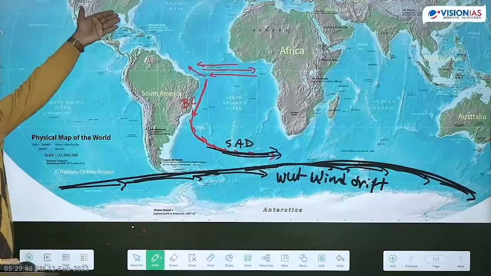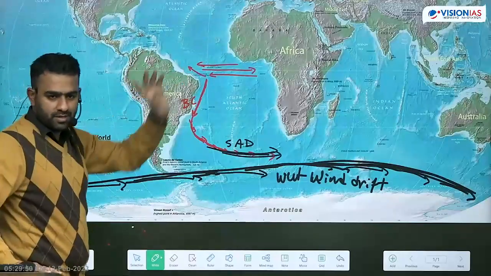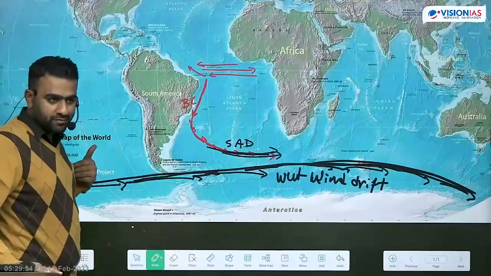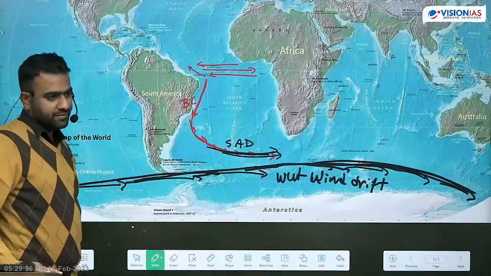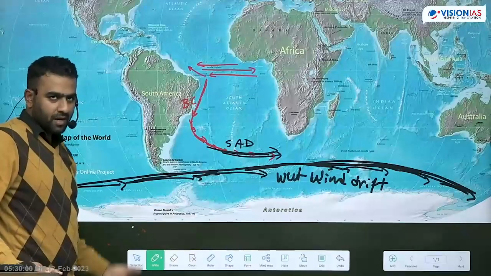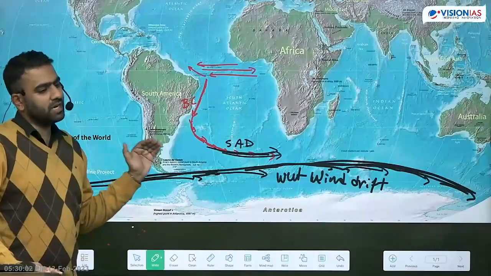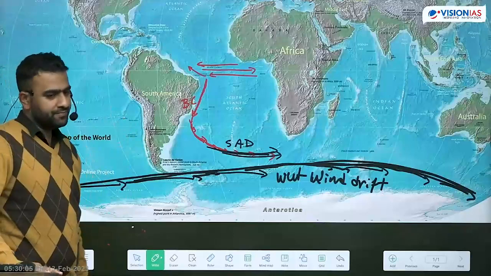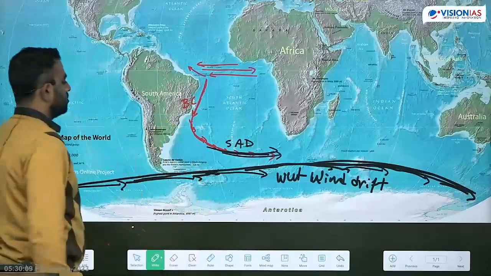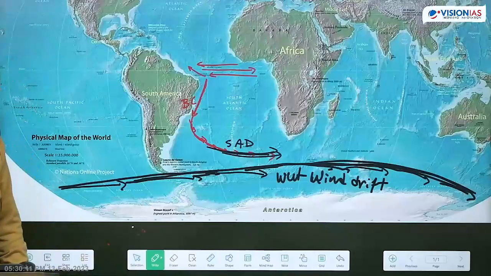Unlike the North Atlantic drift, which was a warm current, South Atlantic drift became a cold current because it is under the influence of west wind drift, which is a very strong current. It will join the west wind drift, and that becomes South Atlantic drift.